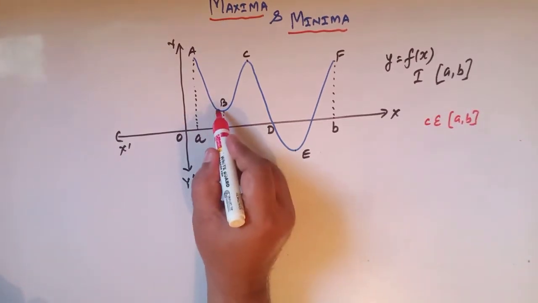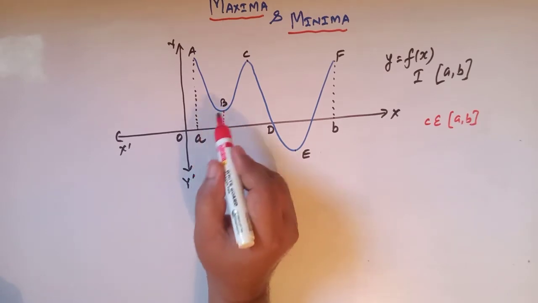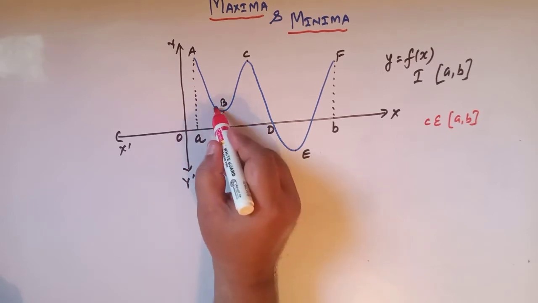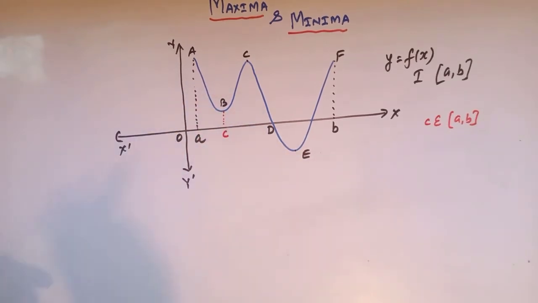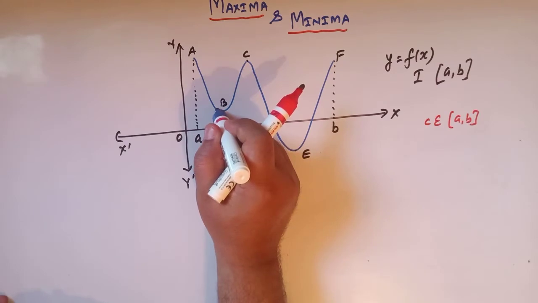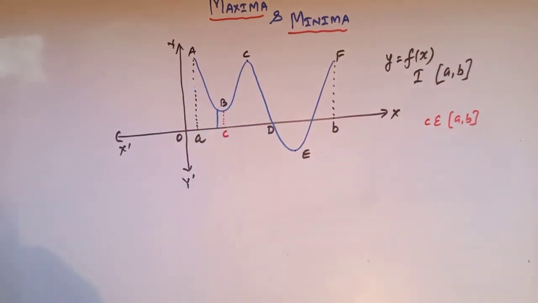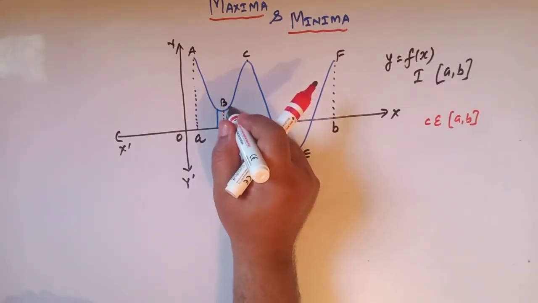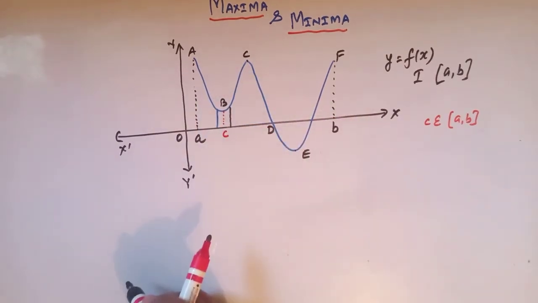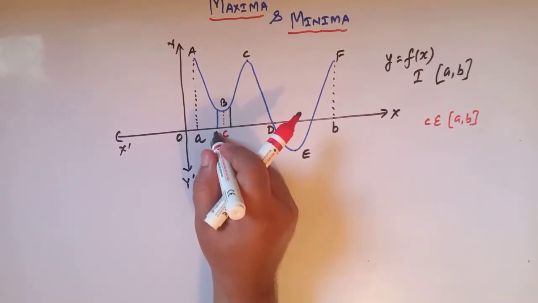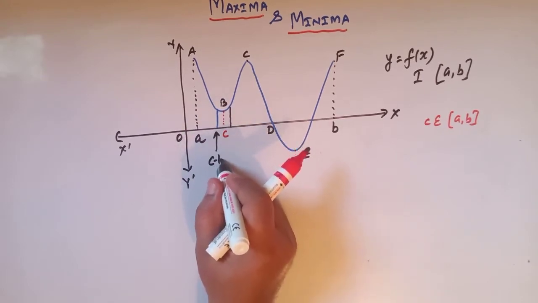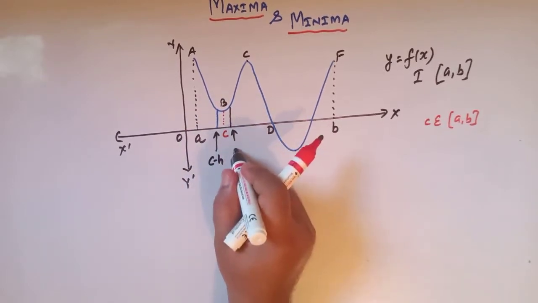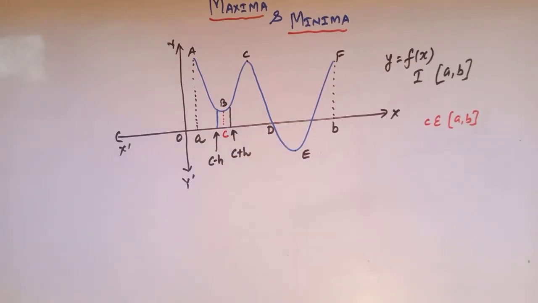Let us take a point to the left of B and a point to the right of B. Say this point is C minus H, and this point is C plus H. Clear?